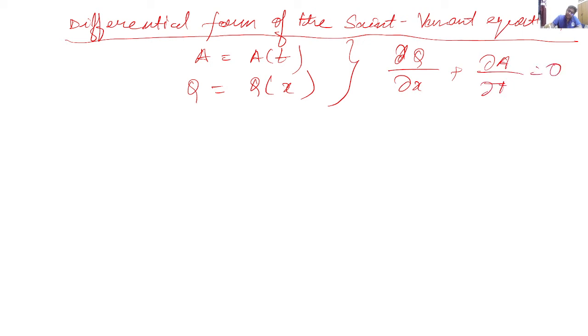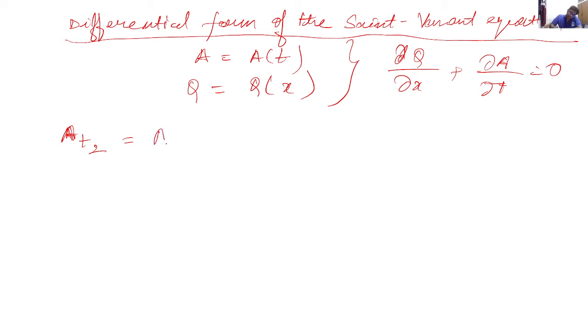So it literally means that the discharge is a function of the position, and the cross sectional area is a function of time. Let us suppose we want to know the cross sectional area at time t2. How would we know that? We can utilize the Taylor series expansion.